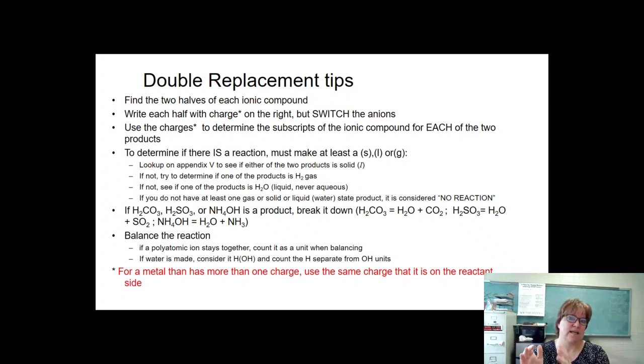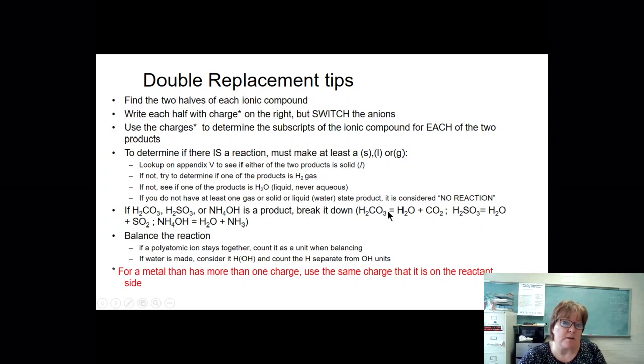If I treat it as an entity all to itself instead of as its individual elements, it will still work either way. If water is made, you can definitely consider it as HOH for purposes of balancing and for purposes of coming up with the products, but know that we would write it as H2O.